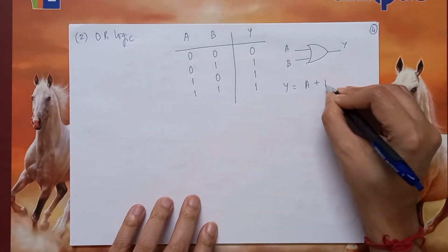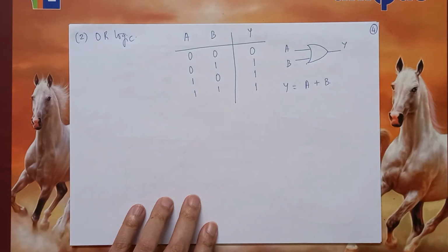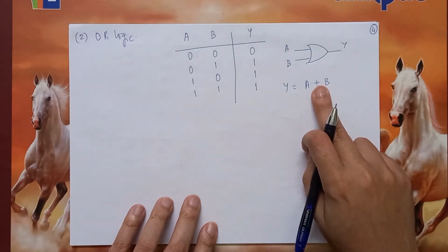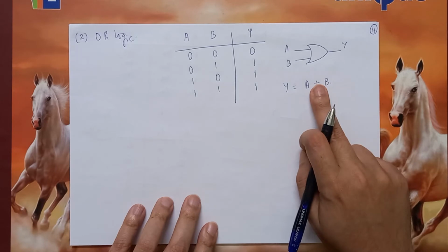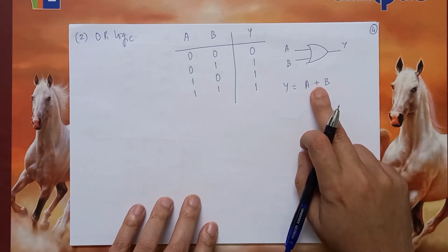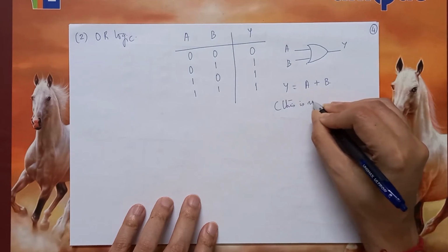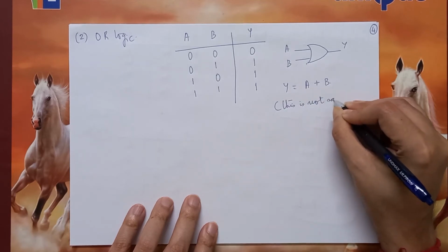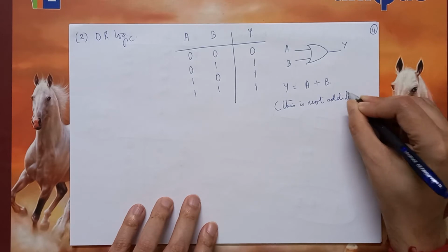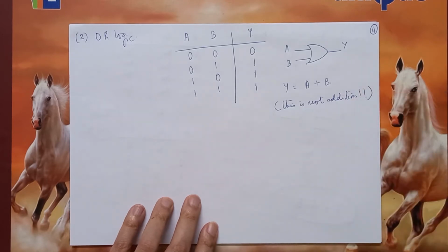And the equation is A plus B. But please keep in mind that this is not addition. This is not addition in the arithmetic sense. It just looks like plus.